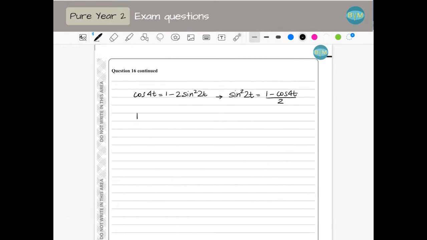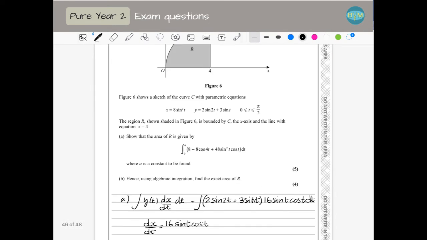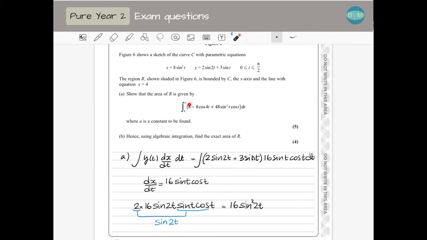So 16 times 1 minus cos 4t divided by 2, which is 8 minus 8 cos 4t. I'm just multiplying, this 16 cancels to 8, and then expanding the bracket. And this is precisely what we need in our expression. So this is this bit here.